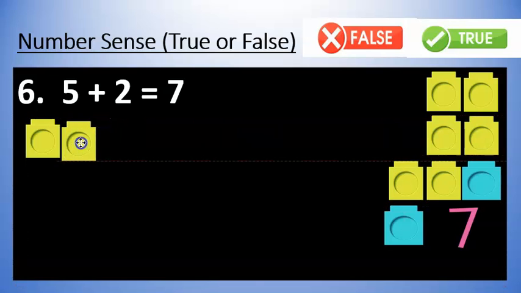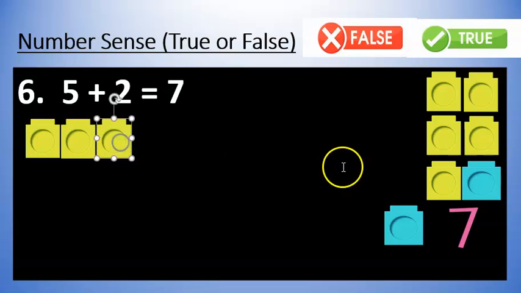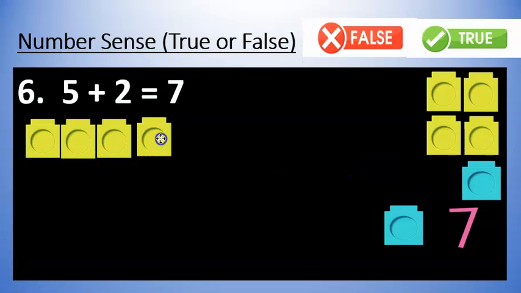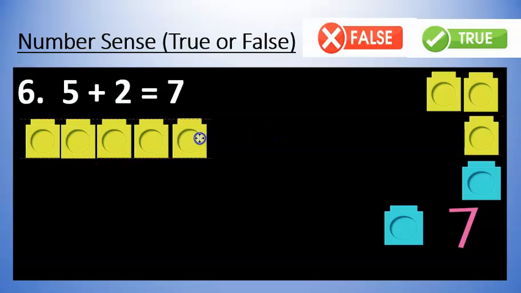1, 2, 3, 4, 5. Okay, so look, we have 5 linking cubes here that represent that 5. Now, first graders, what number is this here? 2.